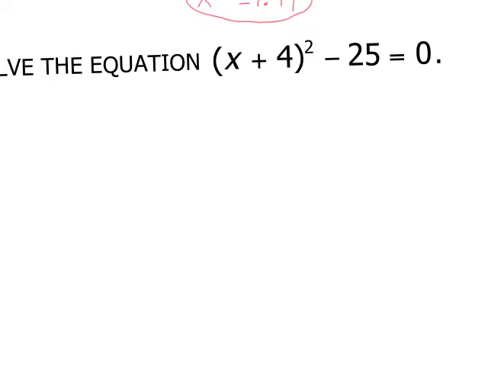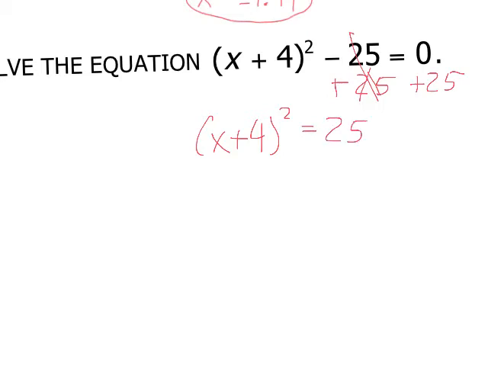The 25. So I'm going to do an opposite operation and add 25 to both sides. So now I have x plus 4 squared equals 25. Now I have the part that's being squared isolated.